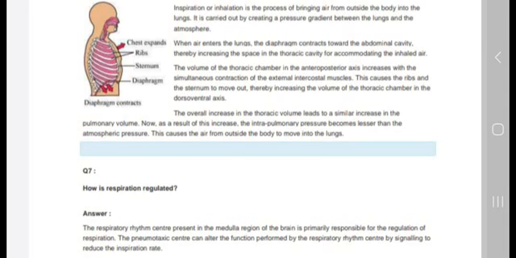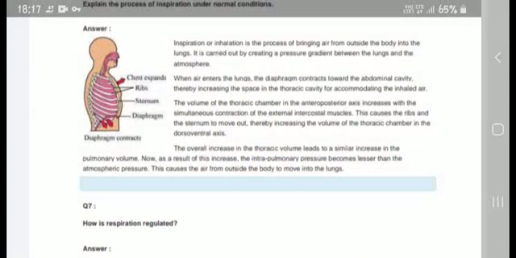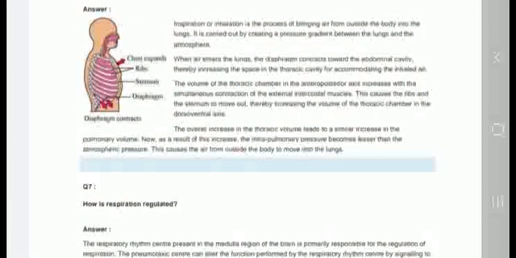Then the volume of the thoracic chamber in the anteroposterior axis increases, with the simultaneous contraction of the external intercostal muscles. This causes the ribs and the sternum to move out, thereby increasing the volume of the thoracic chamber in the dorsoventral axis.